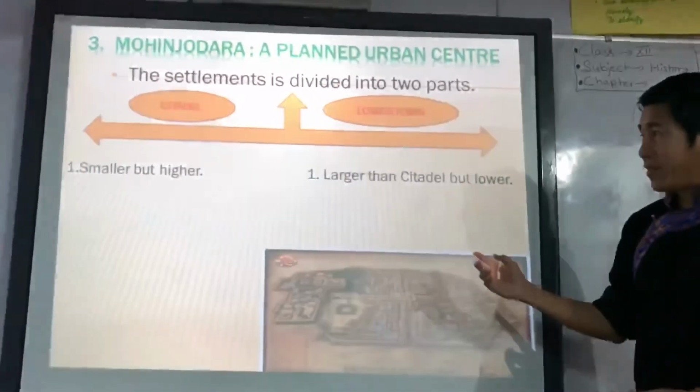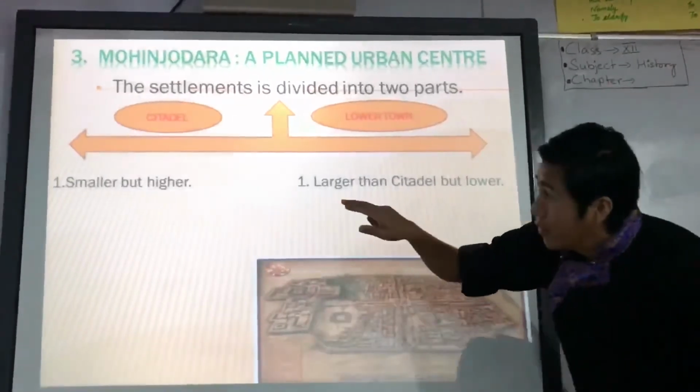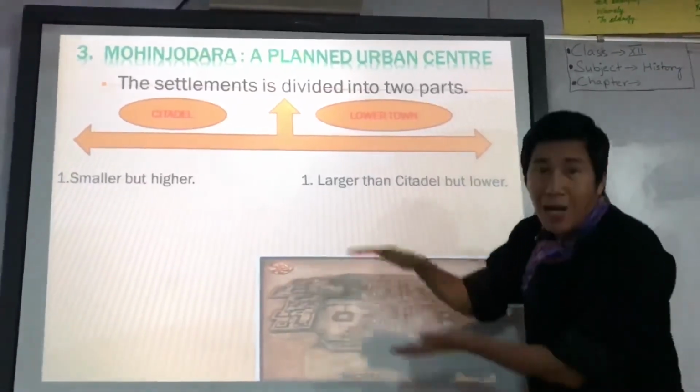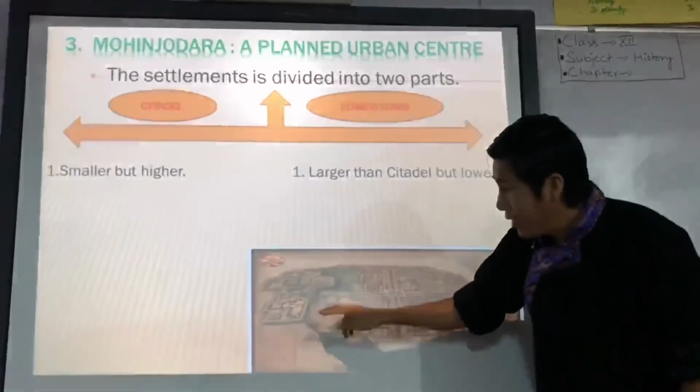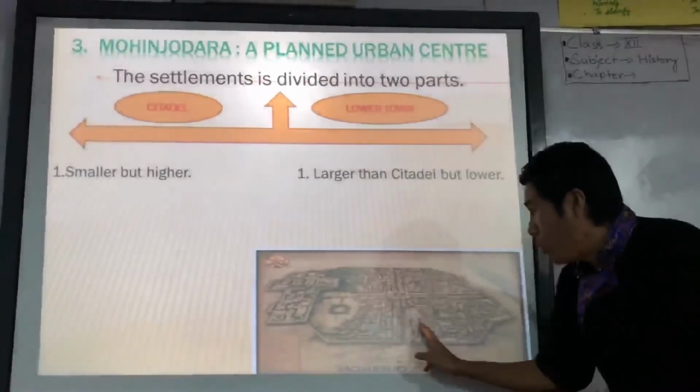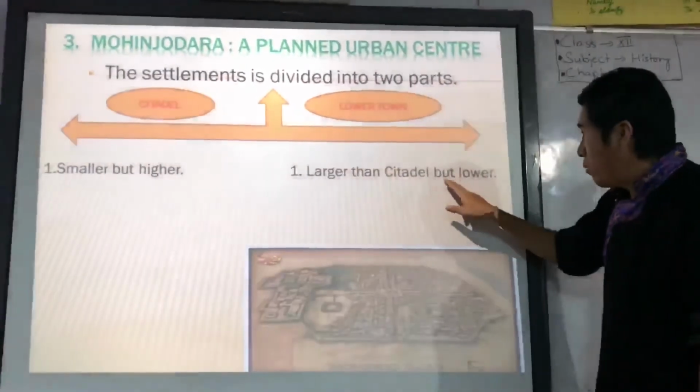Now look at the settlement. The first difference between these is that the citadel is smaller but higher. This area is smaller, the citadel, but as compared to the lower town, it's a bit higher. Here, the lower town is larger than the citadel, but lower.